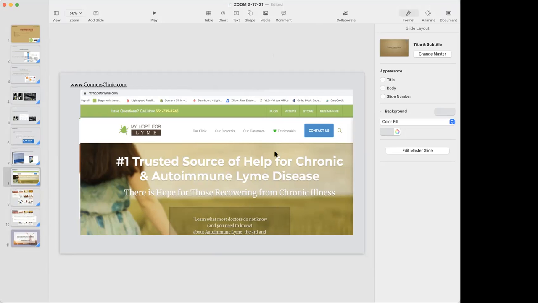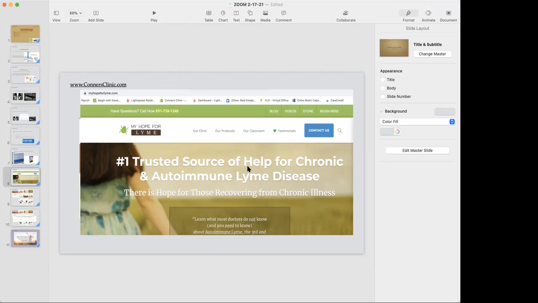So if you or a loved one are thinking of getting that vaccine, I would suggest you go to myhopeforlyme.com and go to our blog. Probably by tomorrow, we'll have the blog post on vaccine detoxifying and a protocol for it.